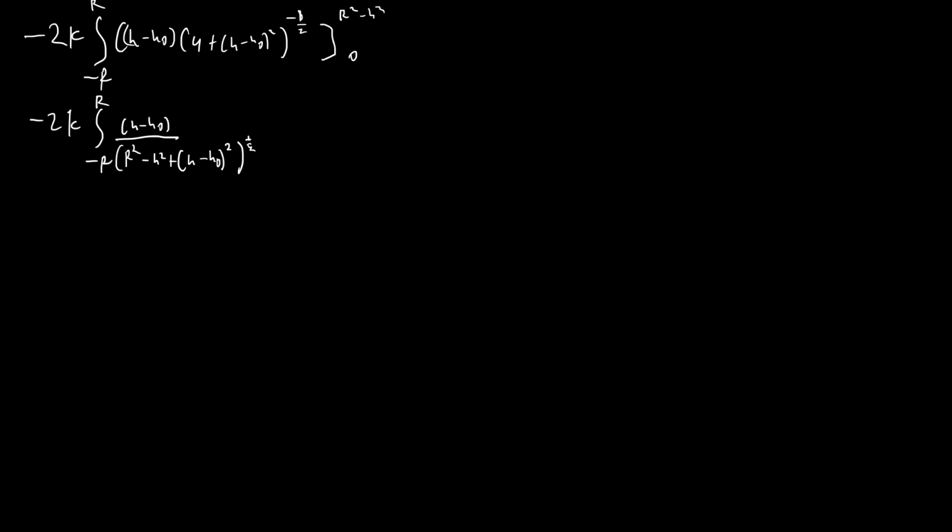And then we're going to subtract h minus h0 over h minus h0 squared to the 1/2 dh.